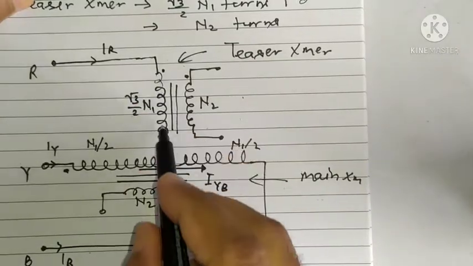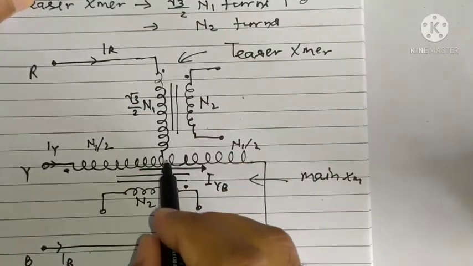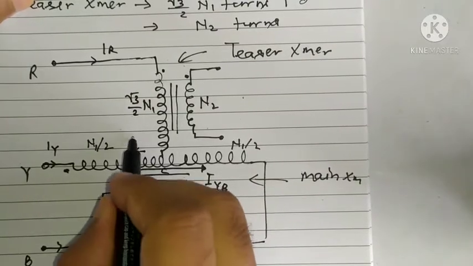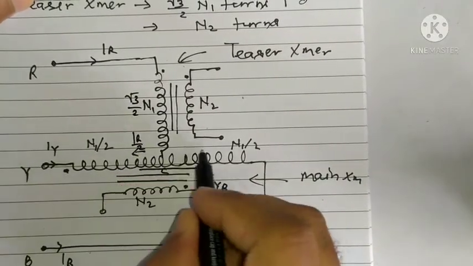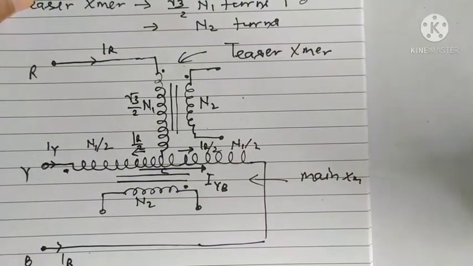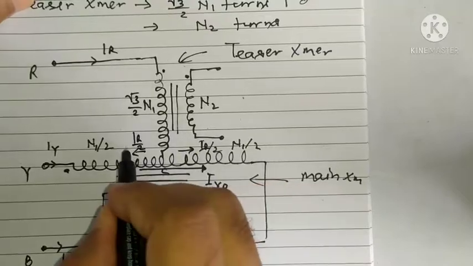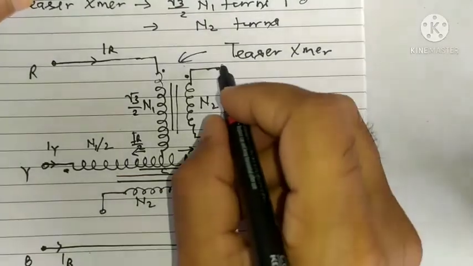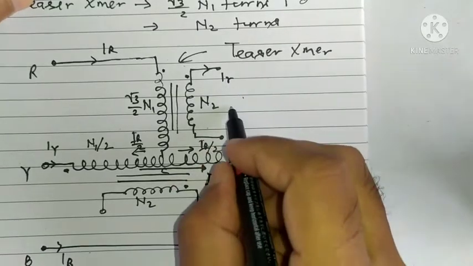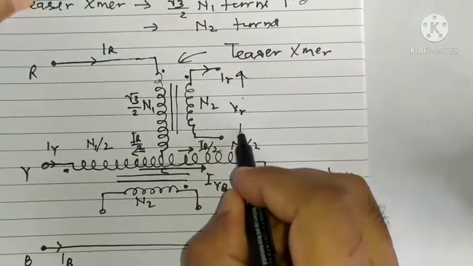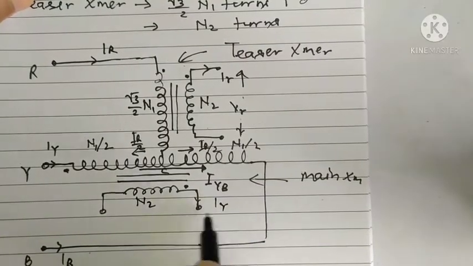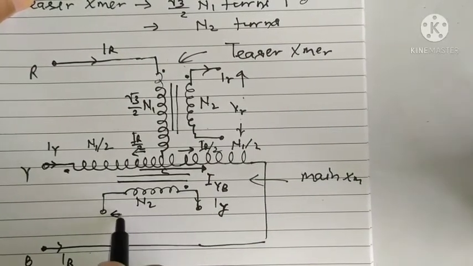Mind you, this IR current is coming, and at this center point it will divide into equal halves, and current here will be IR by 2. Here also current will be IR by 2. Here current is, say, secondary side small IR, and voltage here is VR. Here also current is IY and voltage is VY.